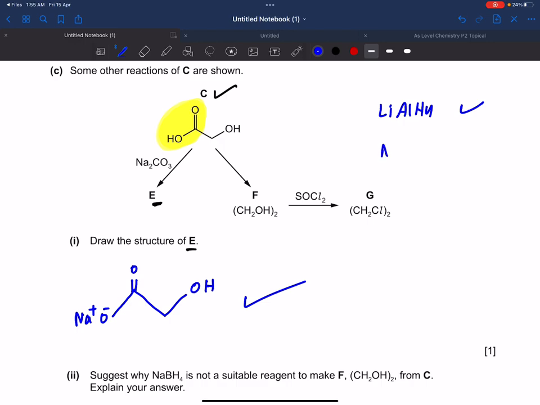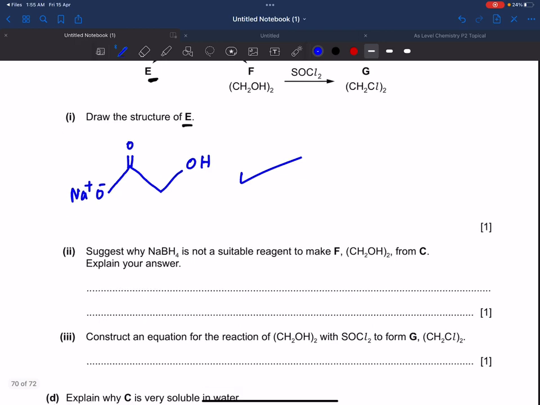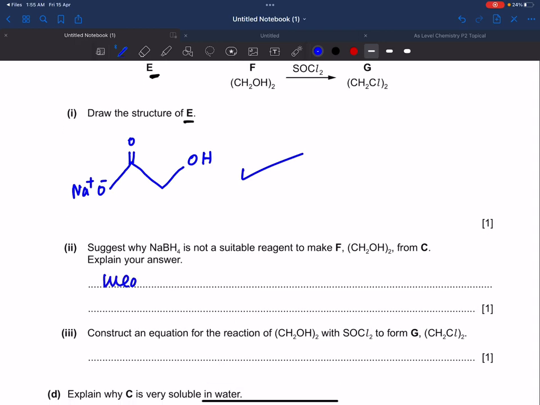We use it for carboxylic acid. NaBH4 is not used for carboxylic acid. Okay, do remember that. It is a weak reducing agent. Or you can write not strong enough reducing agent.